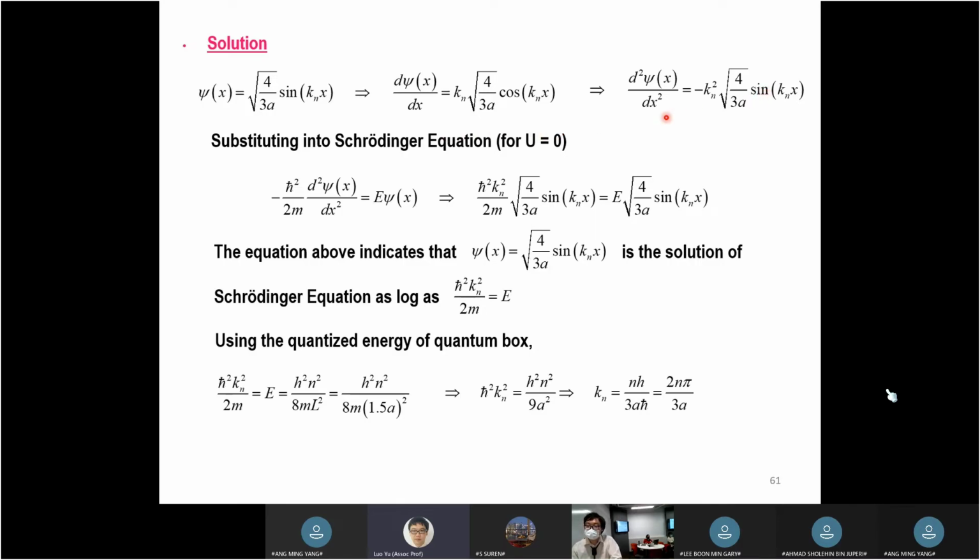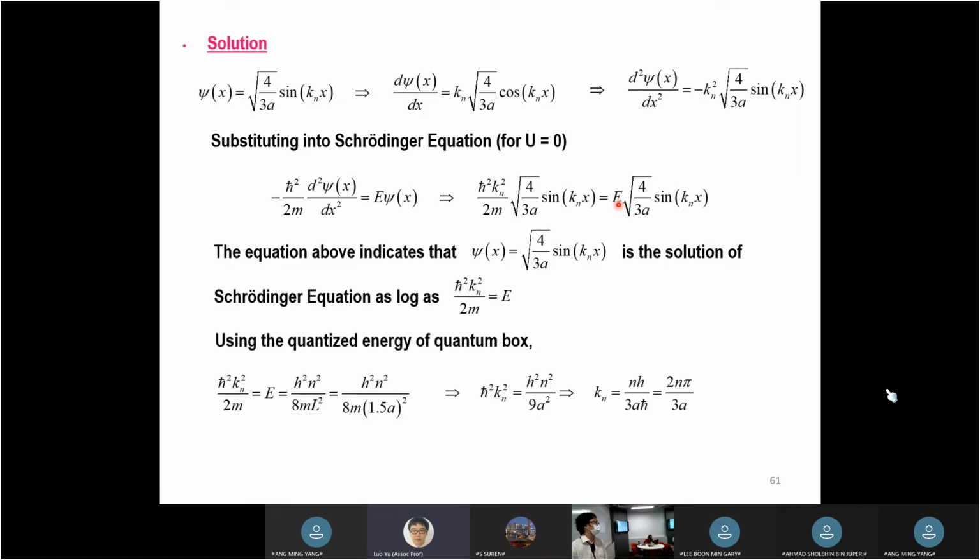If I substitute this into the Schrödinger equation, you will see that on the left-hand side, the x-dependent parts are exactly the same, just the prefactors are different. On the left-hand side, where I have the second derivative, it is h bar squared Kn squared divided by 2m, while on the right-hand side, it is En.